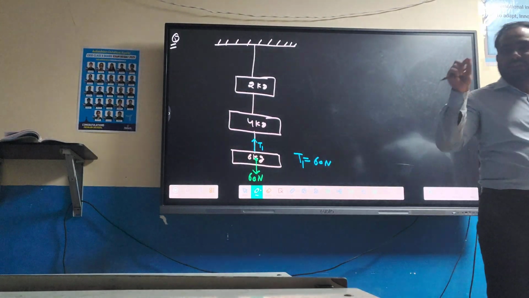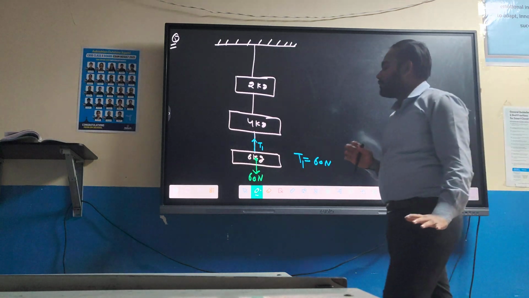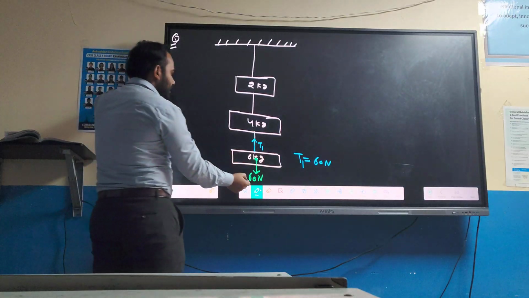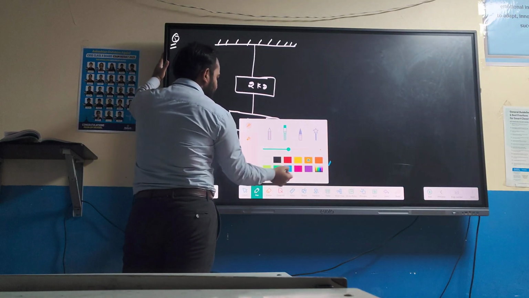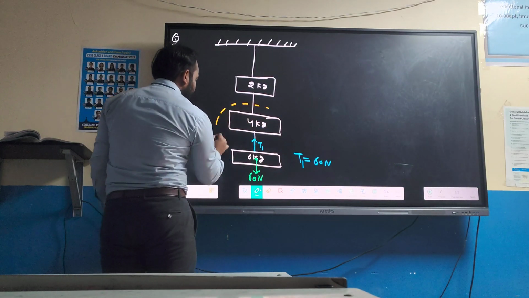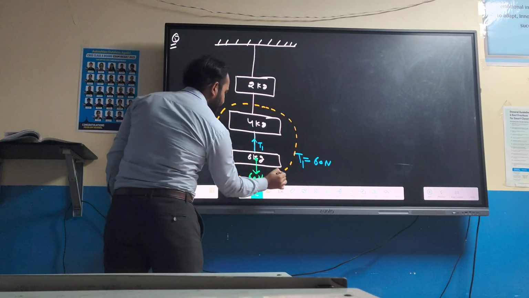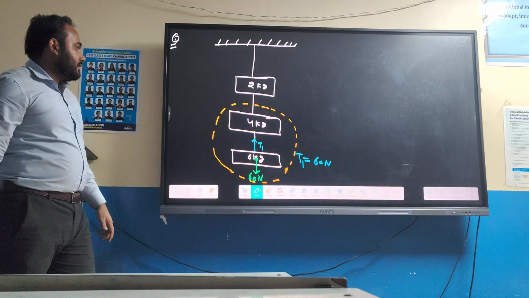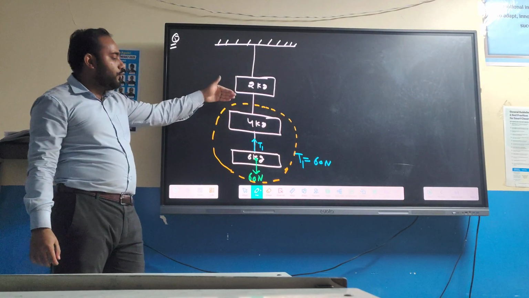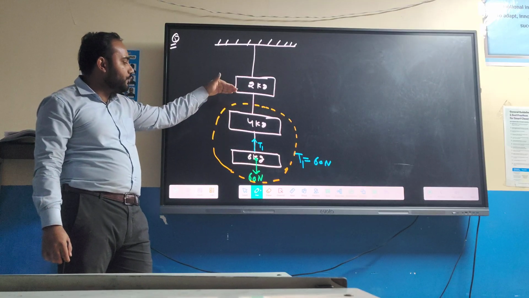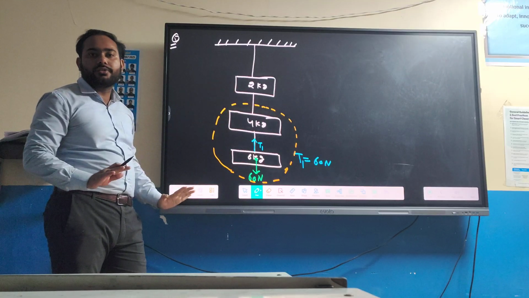So to reduce the size of our solution, we will consider 4 kg and 6 kg as a complete system. Because both 4 kg and 6 kg are at rest, we can take both as part of a system. Okay.